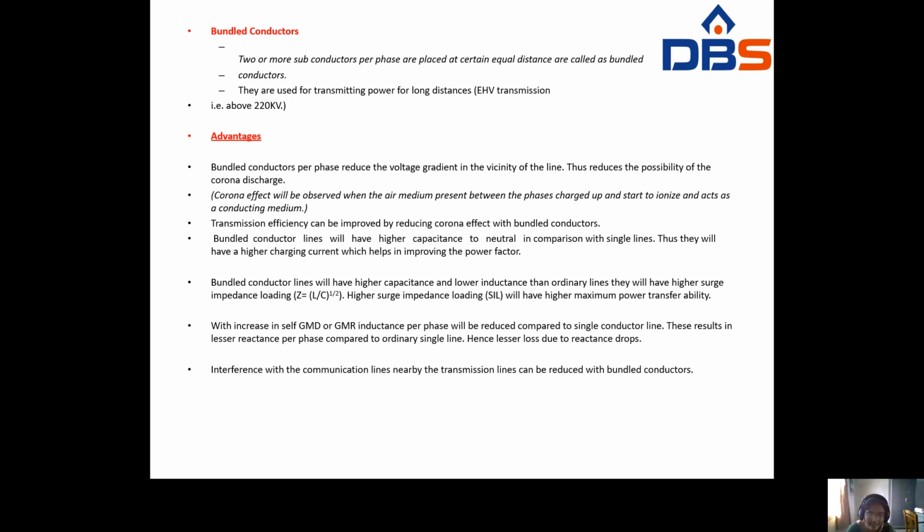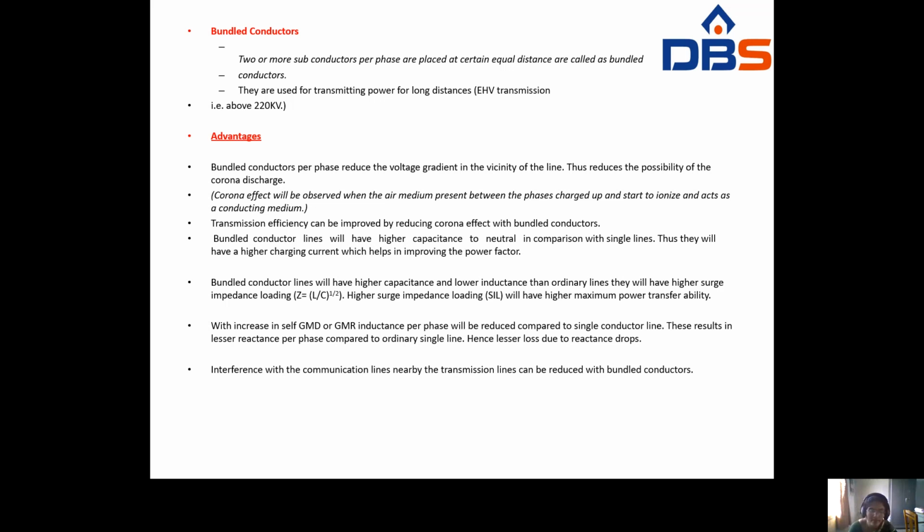Okay, so this results in lesser reactance per phase compared to the ordinary single line. Whenever inductance per phase decreases, the reactance per phase also decreases compared to the single line. So that means the reactance losses will be less.